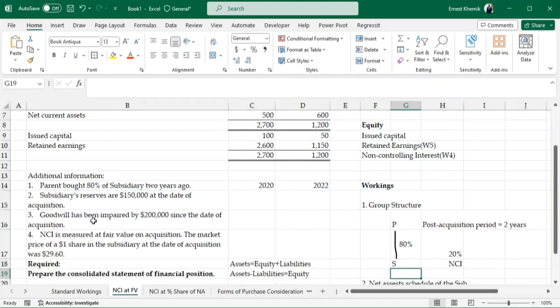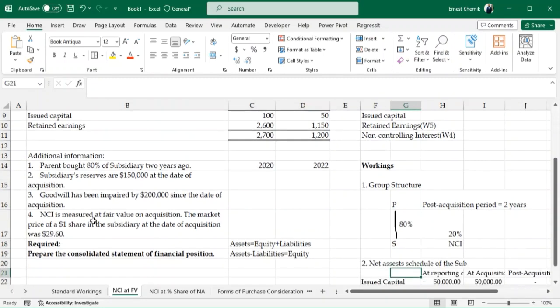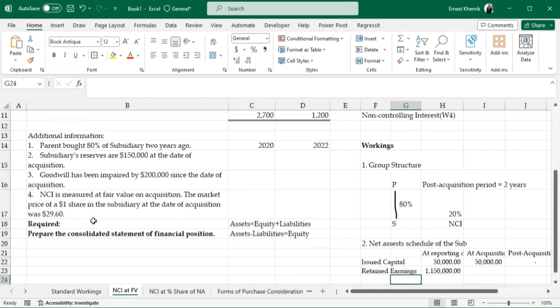Okay, so when you see reserves or income surplus, they are talking about the retained earnings of the business. Income surplus, reserves, or the retained earnings, they are all referring to the same thing. All right, so we have this being 150,000.